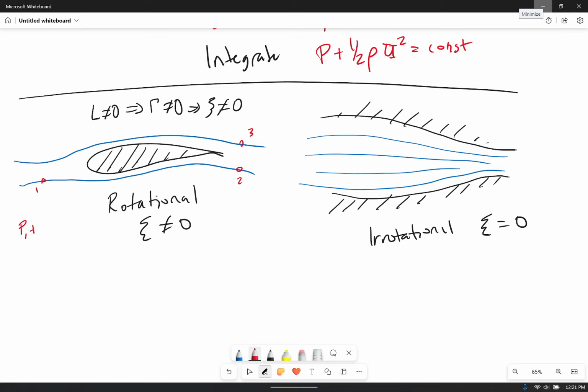So P1 plus 1/2 rho U1 squared is equal to P2 plus 1/2 rho U2 squared. That works out great. What you're not going to find is that P1 plus 1/2 rho U1 squared will be equal to P3 plus 1/2 rho U3 squared. That is not the case. So Bernoulli's works on a streamline only if I am in rotational flow.